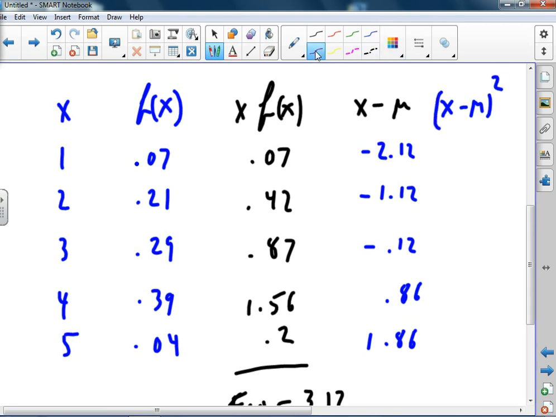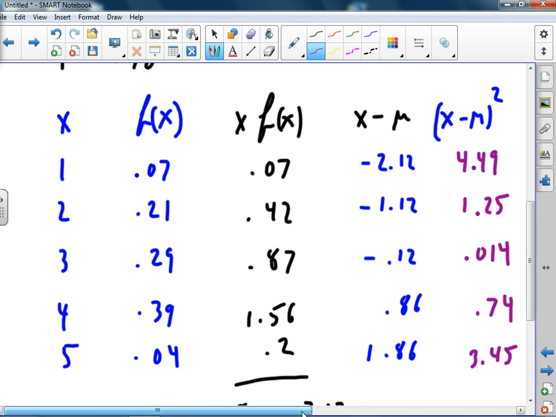So that's 2.12 squared, 4.49. 1.12 squared, 1.25. I'd probably have more significant digits there, but I'm running out of room. 0.014, 0.74, 3.45.